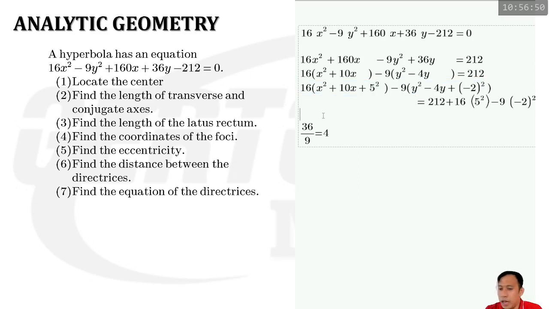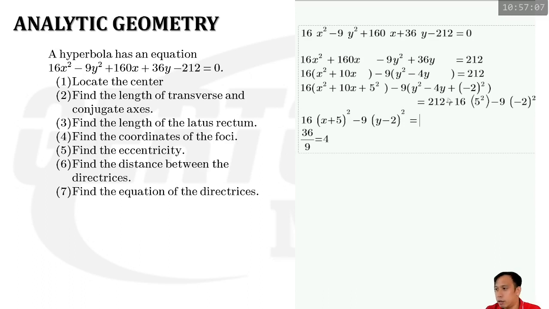Okay? So, simplify. This is 16 times x plus 5 squared, but ito naman is minus 9 times y minus 2 squared. Okay? And that is equal to what?